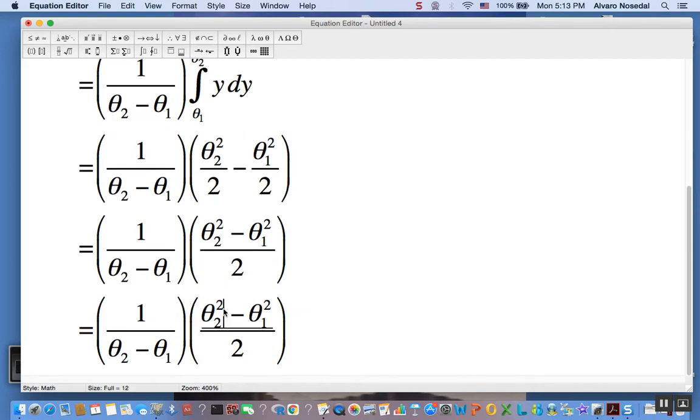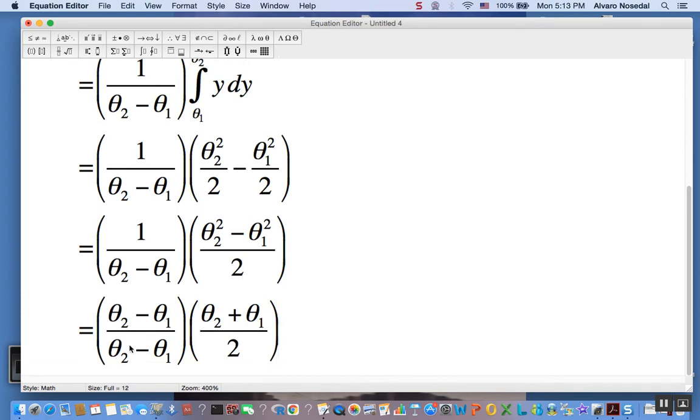It's going to be, as we said, theta 2 square minus theta 1 square is the same as theta 2 minus theta 1 times theta 2 plus theta 1, right? We know that from our courses in algebra, right?